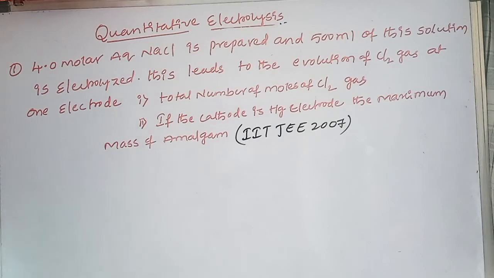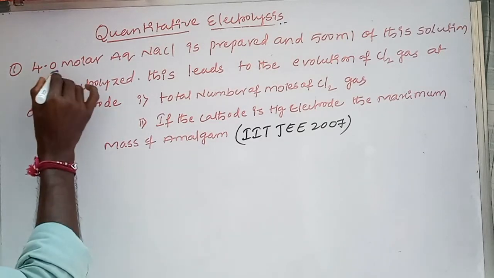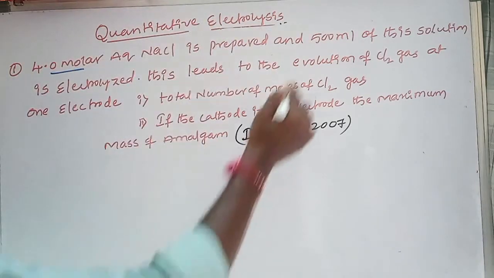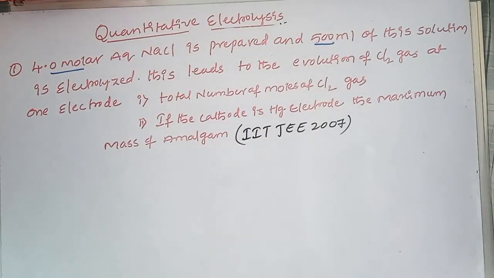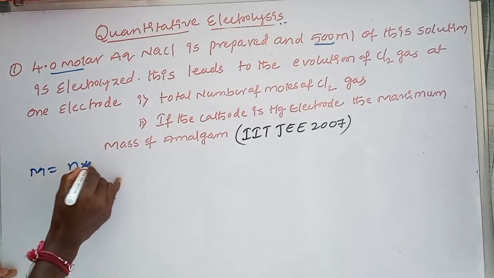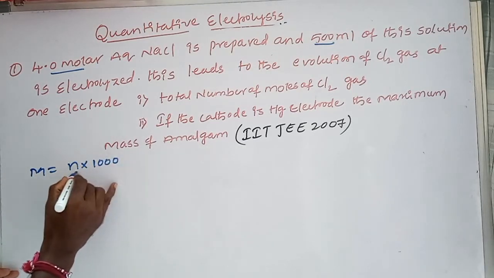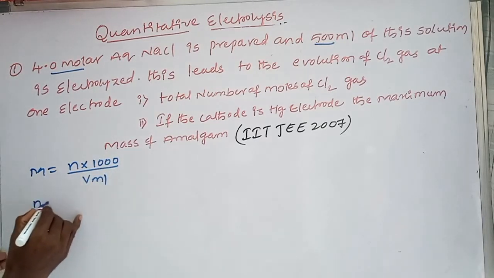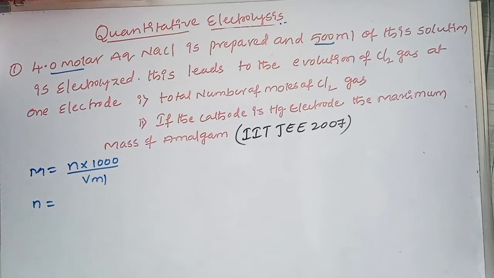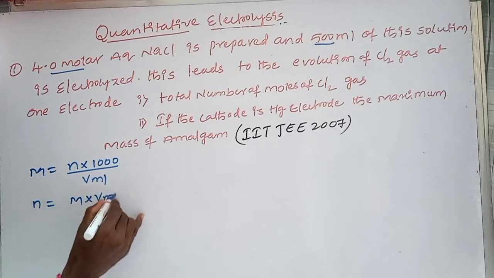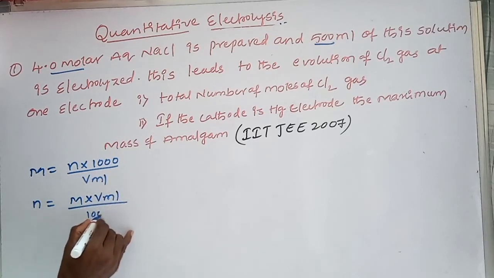So first, in this question they have given the concentration of NaCl. How much? 4. And the volume is 500 ml. First let me calculate the number of moles. What is the formula for number of moles? We have molarity equal to n into 1000 by V in milliliter. From that we need to calculate the number of moles of NaCl. So number of moles equal to M into V in milliliter by 1000.